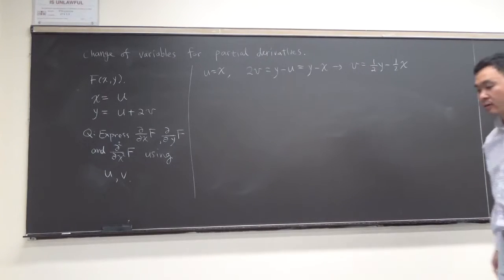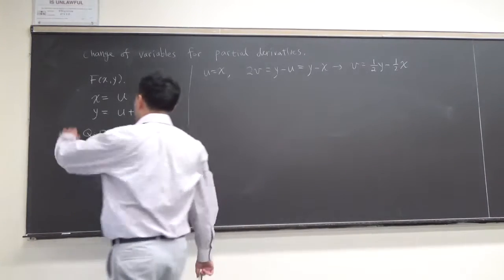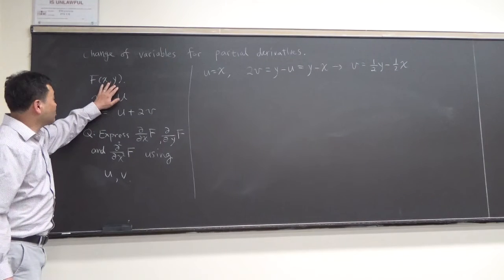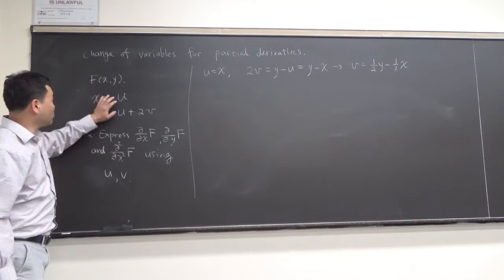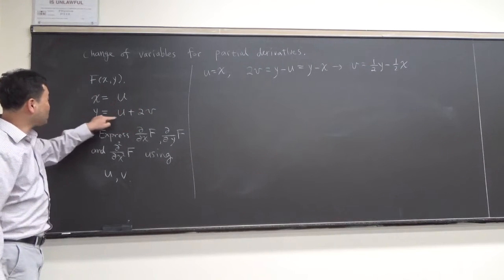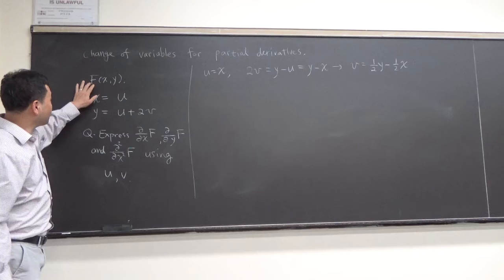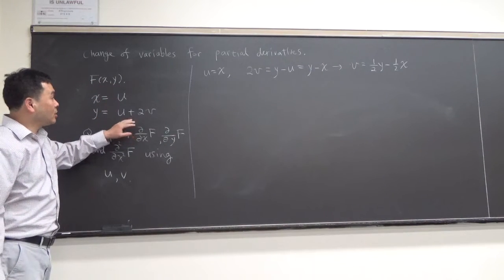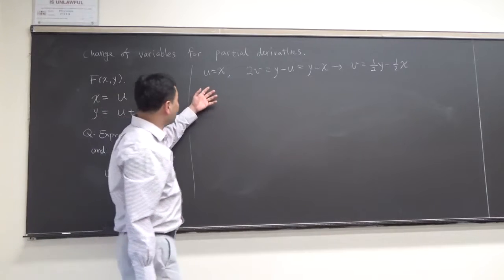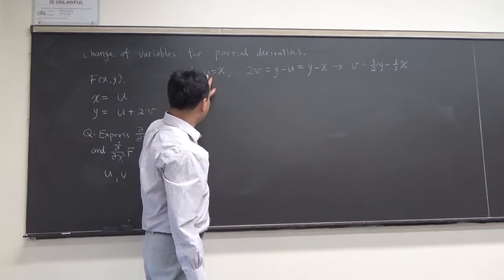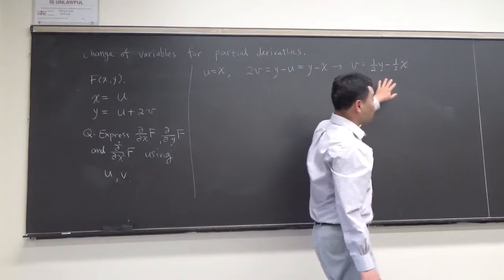And f is dependent on the variables x and y, but you can also say f depends on u and v as well, right? So if you view it this way, then f depends on x and y, which depend on u and v. However, if you solve for u and v in terms of x and y, now you have u and v as functions of x and y.